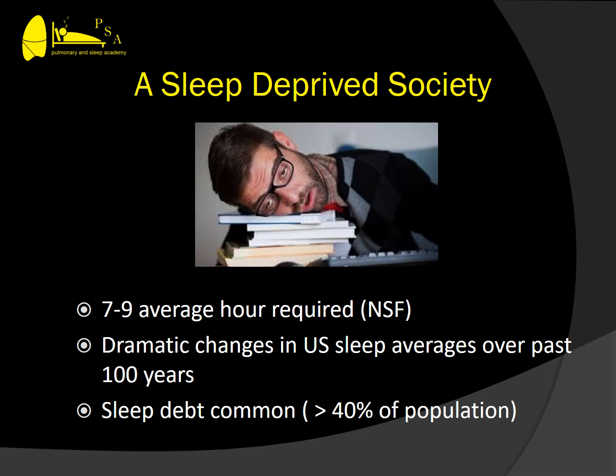So, having shared some data that clearly shows that sleep deprivation has some horrible consequences, it's equally distressing that it's such a common problem. And the National Sleep Foundation, based upon the data that I've just shared with you, recommends 7 to 9 hours of sleep per night. Now, if we look back 80 to 100 years ago at sleep averages in the U.S., it was close to 8.5, 9 hours.